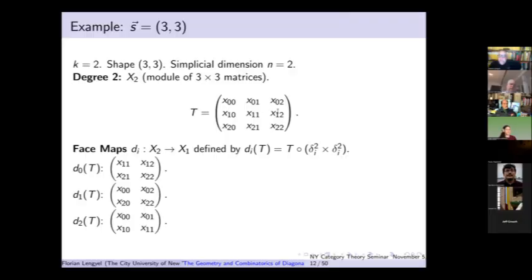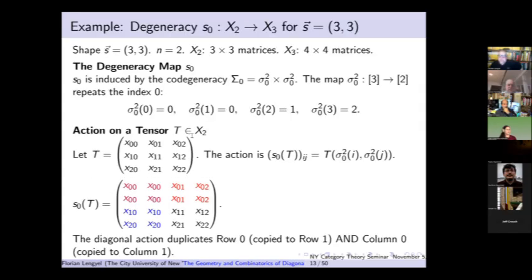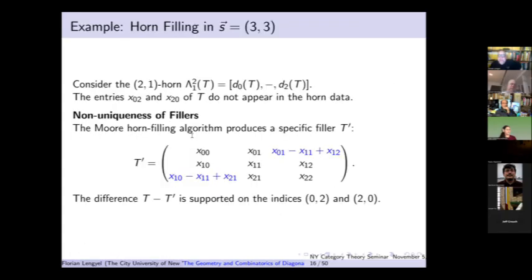If you consider the one horn, it's got D0 and D2. Okay, we'll go back. Back up a bit.